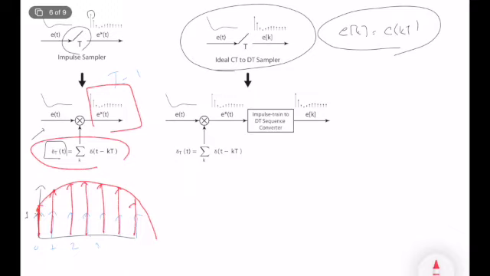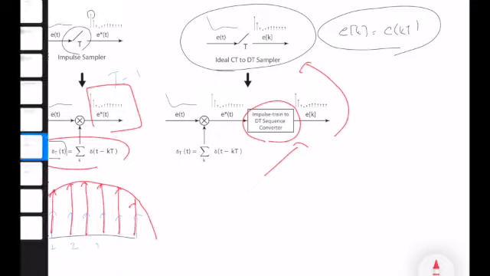Later I can use a fictitious impulse train to DT sequence converter to obtain a discrete time signal like this, such that I model an ideal C to DT sampler using an intermediate impulse train block. I think the idea is very simple. Let's analyze this a little bit mathematically.